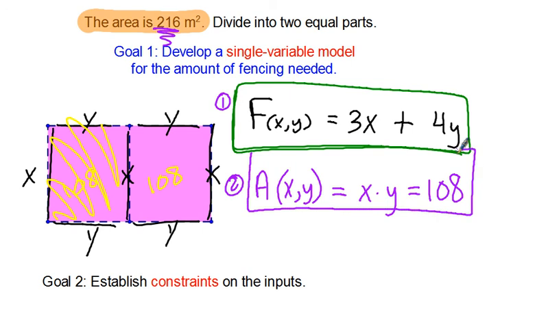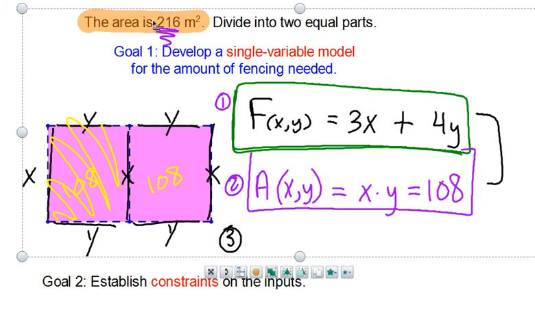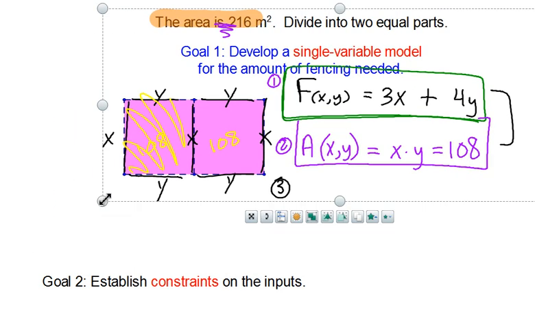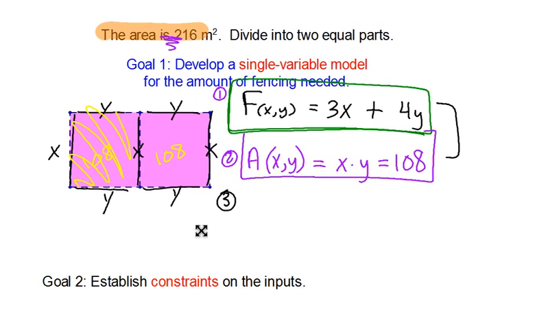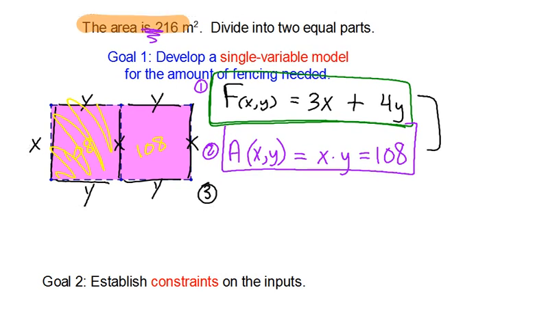And what we want to do is just combine these two ideas together. So let me combine these in such a way that we get a single variable model for the amount of fencing. Okay, and the way to do that, if I can just clean this up for you briefly so you can see everything with that. Okay, let's see here.